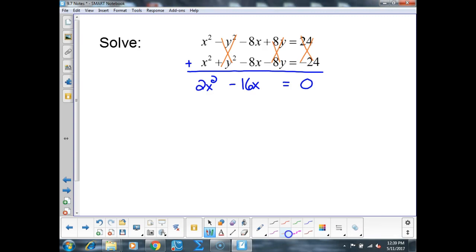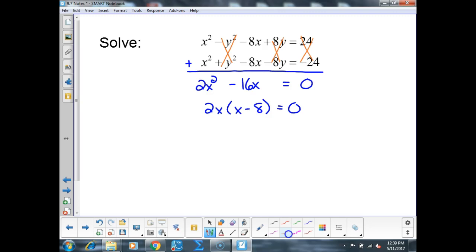So what are you gonna do with that? Take out 2x. Then what? No. Can't divide by 2x. Set what equals 0?